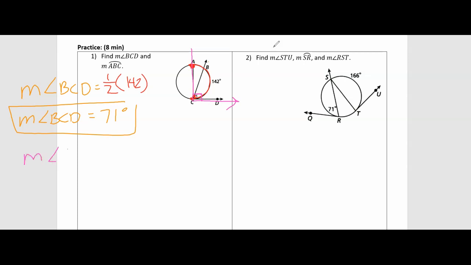Right? The measurement of angle ACD is equal to 1/2 the measurement of arc ABC. Well, if I know the angle is 90, I just need to multiply both sides by 2.